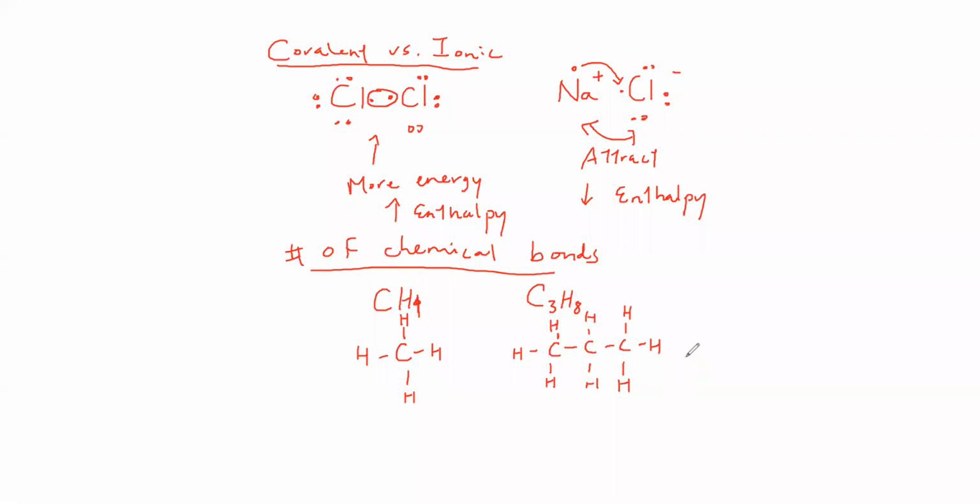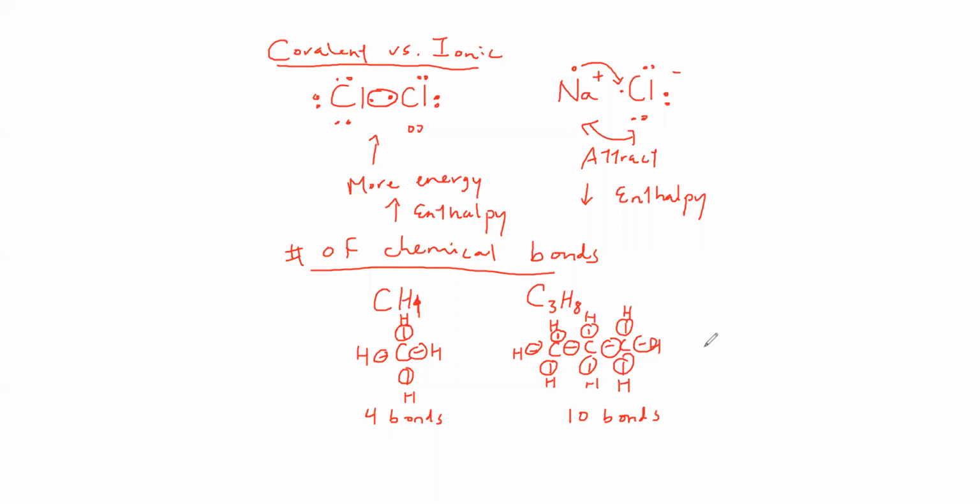So just by visually seeing this, we can say that you have 1, 2, 3, 4 bonds between carbon and hydrogen. And then here I can count it out: 1, 2, 3, 4, 5, 6, 7, 8, 9, 10 bonds in comparison.